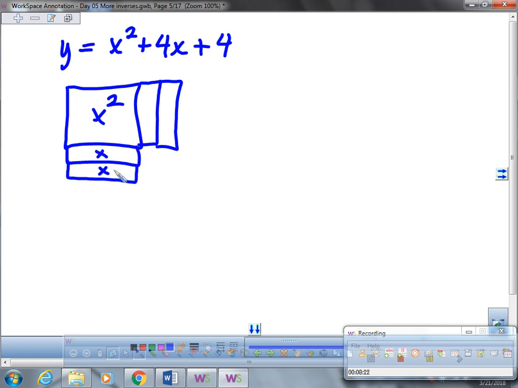Right? So what would I have to add to complete the square? What would go inside the box? Remember that? 4 ones would complete the square.